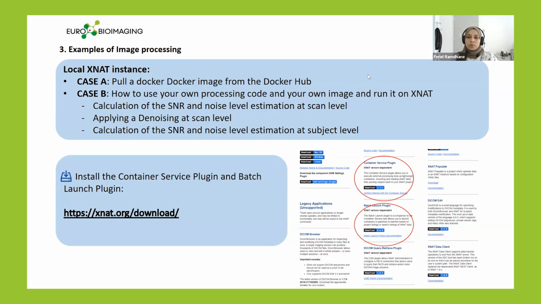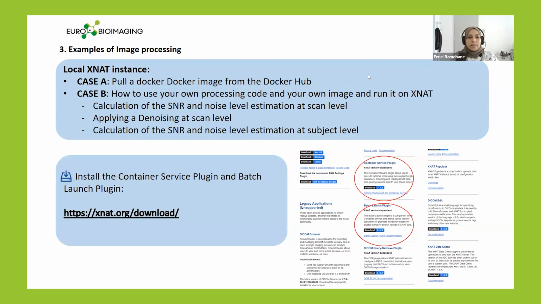But before that, you need to install XNAT locally, and for sure, as my colleague said, you will get administrative permission to perform all these next steps. And you will also need to install the container service and batch launch plugin, in order to allow you to execute your external processing tool in XNAT.